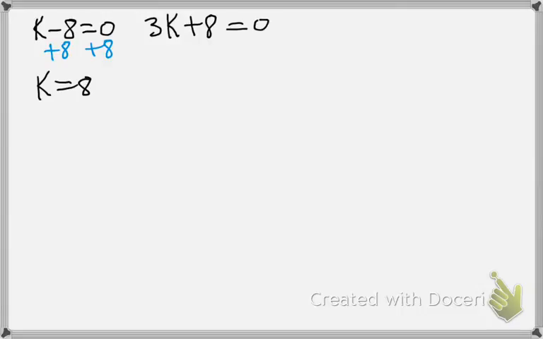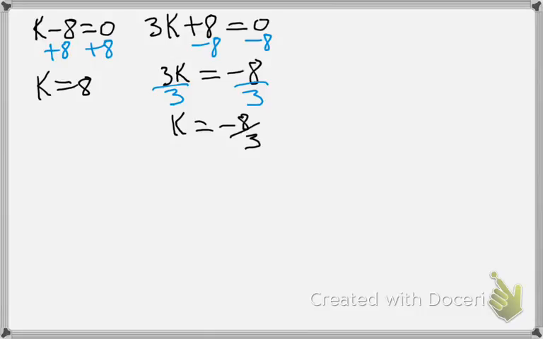And on that second one, I'm going to subtract 8 from both sides. That leaves me with a 3k is equal to negative 8. And to get that k by itself, I'm going to divide by 3 on both sides. So I arrive at my final answer of k is equal to negative 8/3.